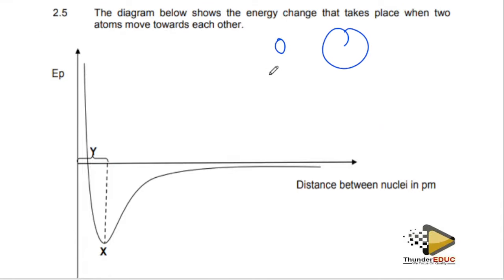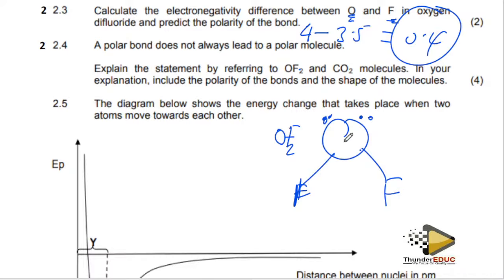Because it has lone pairs, it's like that. So fluoride is going to be there, and then another fluoride. So basically it's going to be a bent, or what you call angular shape, while this one is going to be carbon, carbon, carbon, and then oxygen.